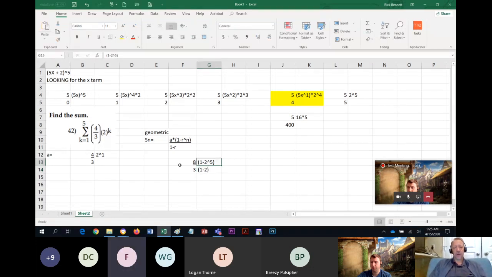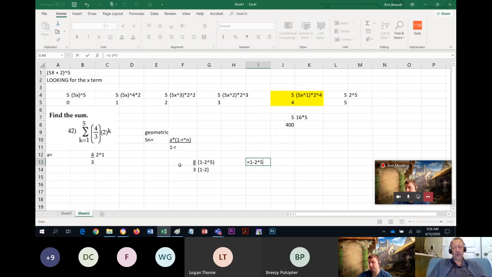Essentially, we're going to do 1 minus 2 to the 5th power, which is negative 31. We multiply that times 8, and divide by 1 minus 2, which is negative 1, times 3, which is negative 3.